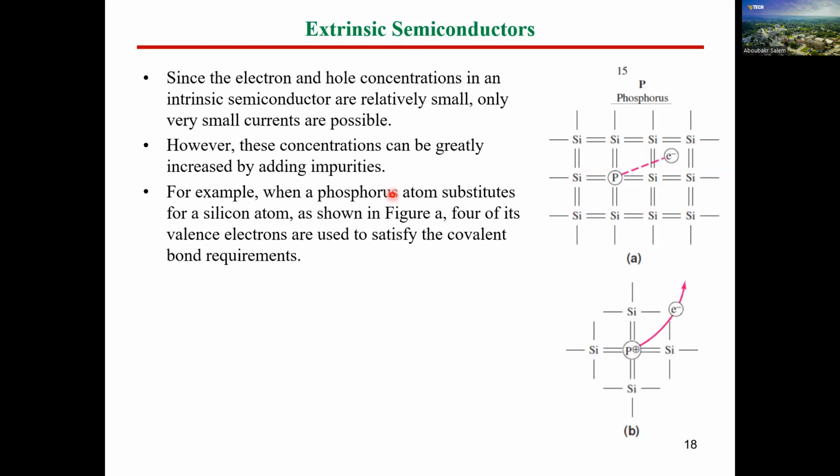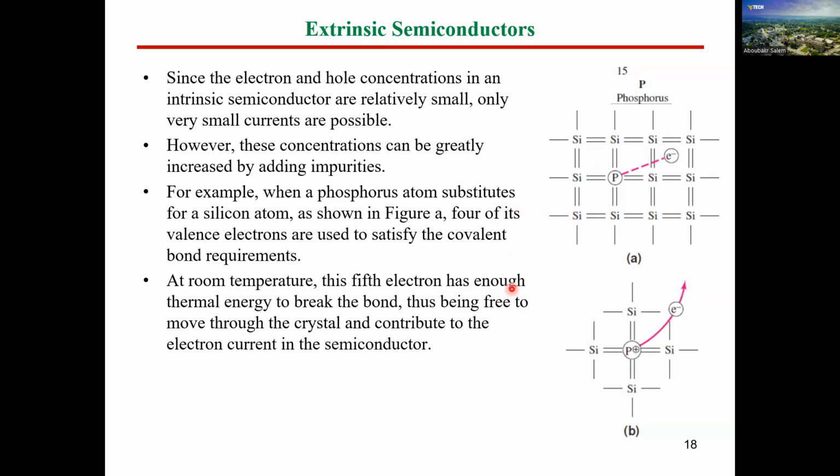When a phosphorus atom substitutes for a silicon atom, as shown in the figure here, 4 of its valence electrons are used to satisfy the covalent bond requirements. 4 electrons of the phosphorus connect to the silicon to satisfy the covalent bonds, but we will have one extra electron now.